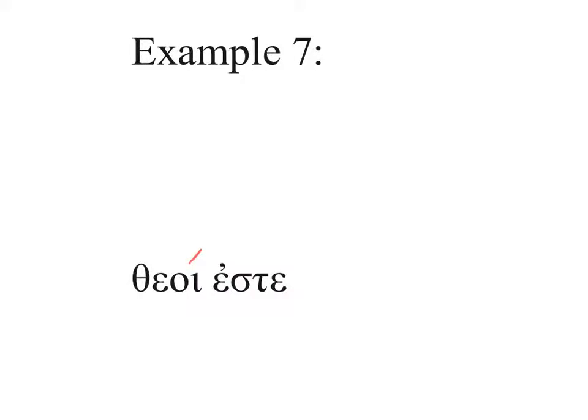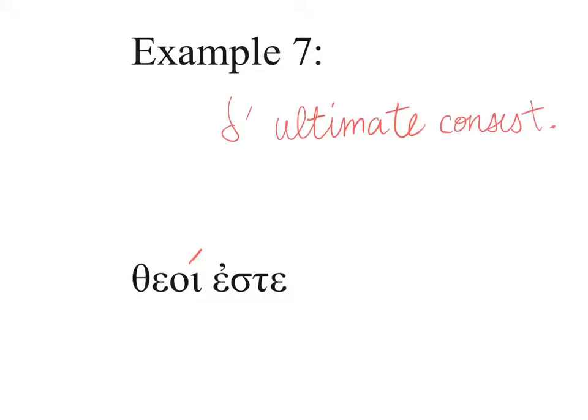Once again, if we were clever, we might have thought, well, I know that this word, teoi, has an accent on the ultima, so let's just skip ahead to rule delta. Ultimate consistency. So when word 1 has an accent on the ultima, then we say sit, stay, accent, and it stays there. So the acute on teoi will stay there, but we still have to ask ourselves, what of the enclitic?